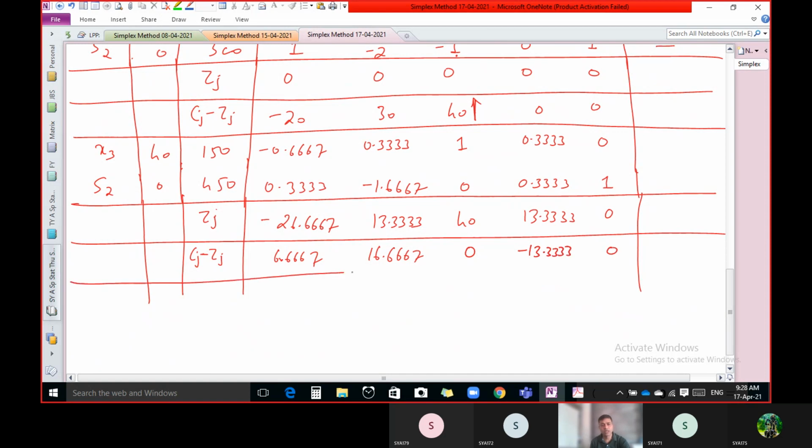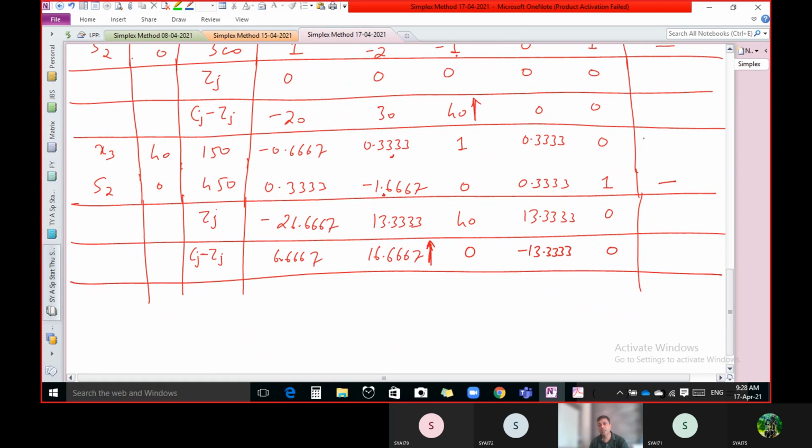Now see, there are two positive values here. So which do we have to select? The maximum one. The maximum is this. So the corresponding variable x2 will enter, and this becomes the elements of the key column. X2 will enter, and because this is negative, don't take the ratio, and take the ratio of this with what? XB. This is my XB.